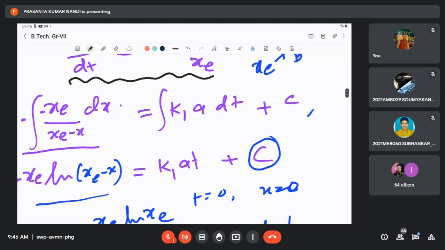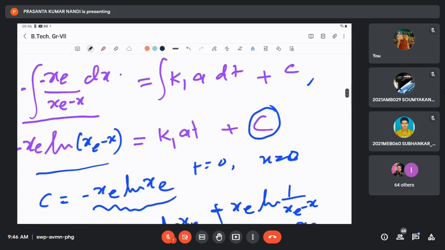Now, as we put some boundary condition to find the constant C, here also, as usual in reaction cases, at time t equal to 0, that is initial time, there is no formation of product B, so x equals 0. And we can write C equal to ln xe, because xe is the equilibrium concentration, independent of time t.